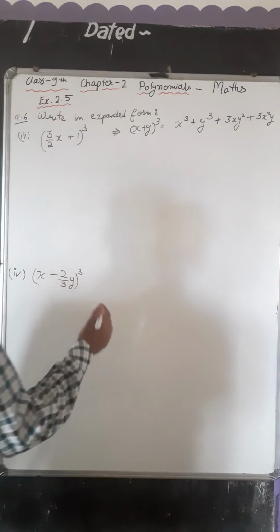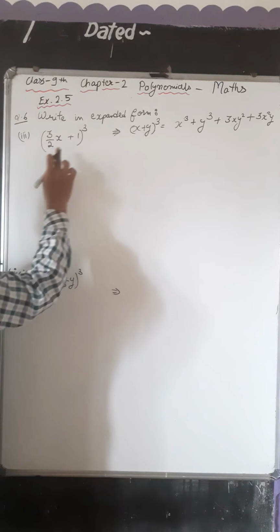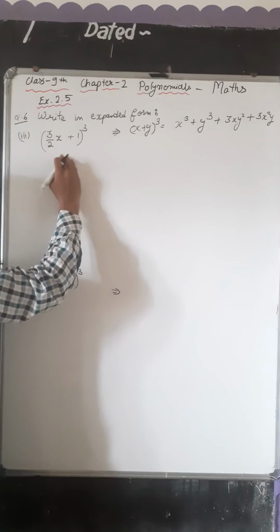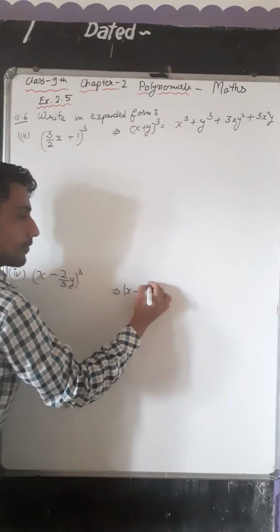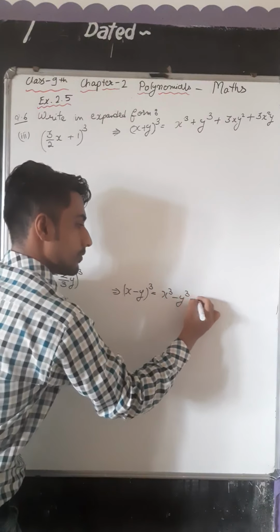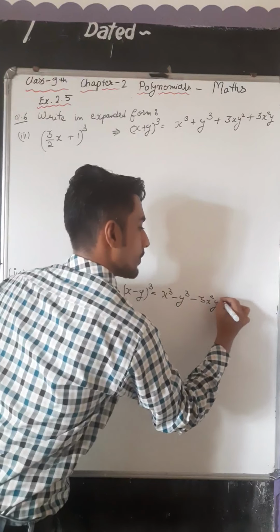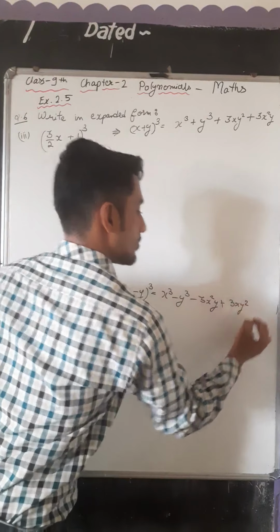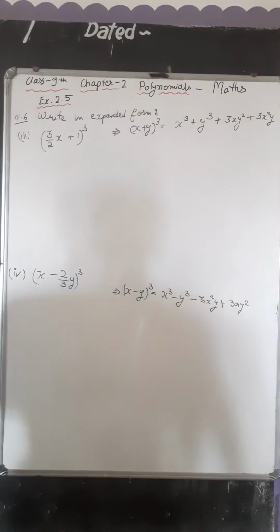These are the forms, and one more identity will be applied here. So these two identities we will use in these questions.